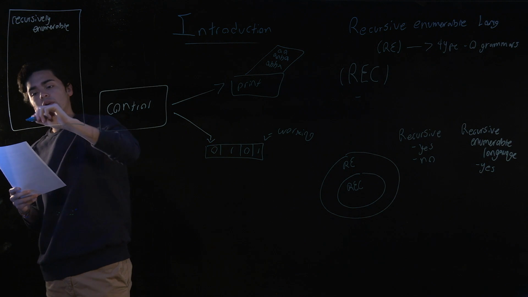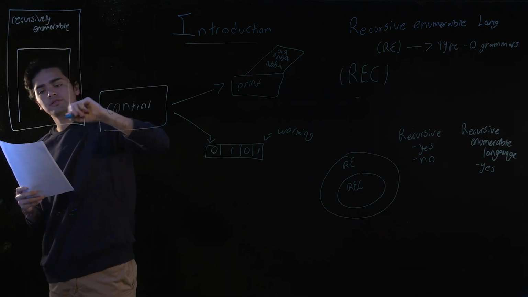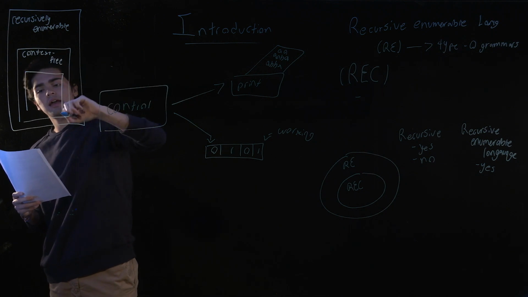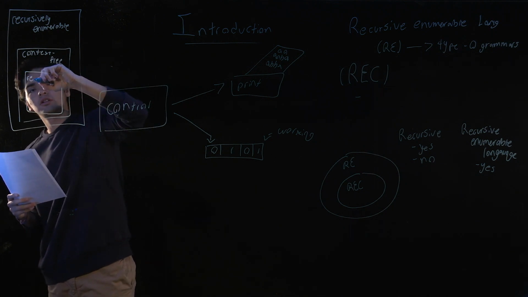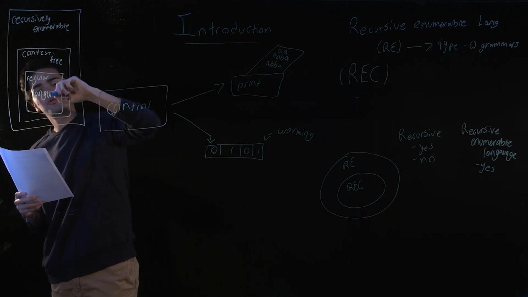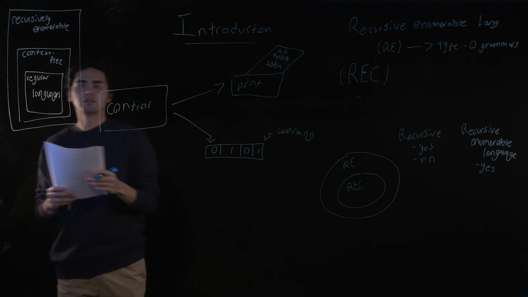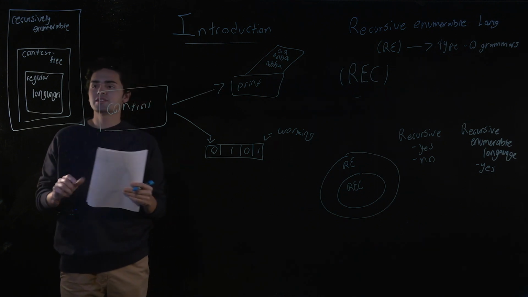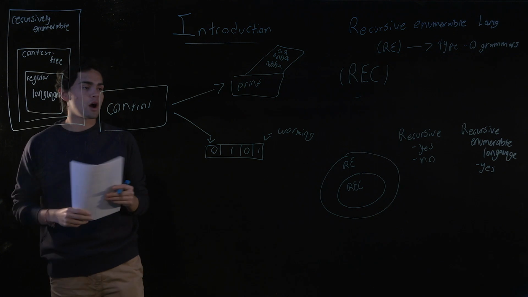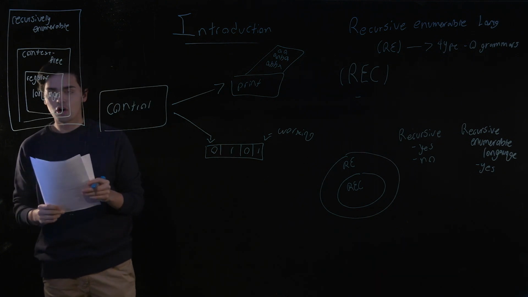Then within that, we have context-free languages. And then finally, at the smallest level, we have regular languages. The reason that this occurs is because regular languages have characteristics that can be found exclusively within that, and then as you get bigger and bigger, the requirements needed for each language are lesser.